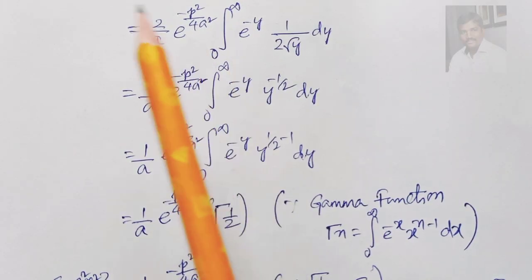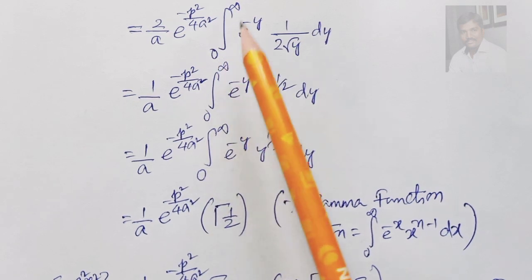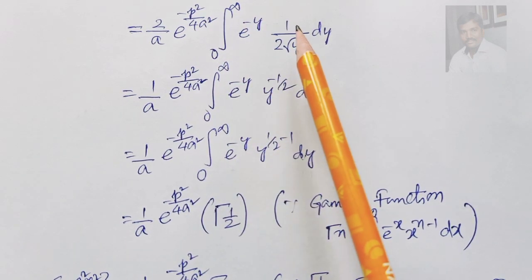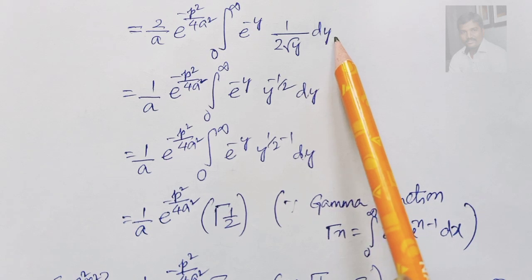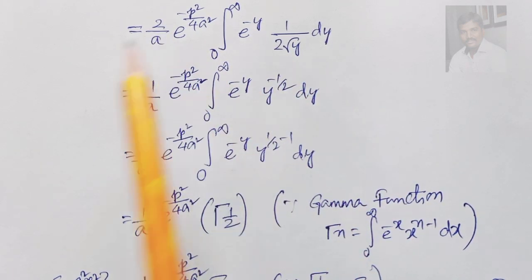Here I am getting 2 by a into e power minus p square by 4a square into integral 0 to infinity e power minus y into 1 by 2 root y dy. The 2 and this 2 get cancelled.